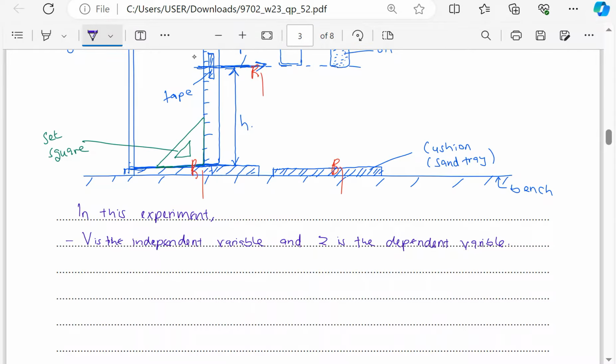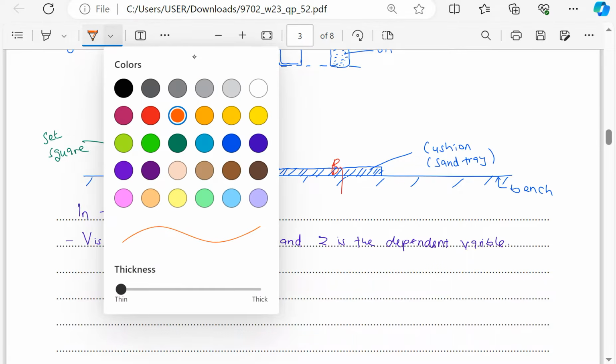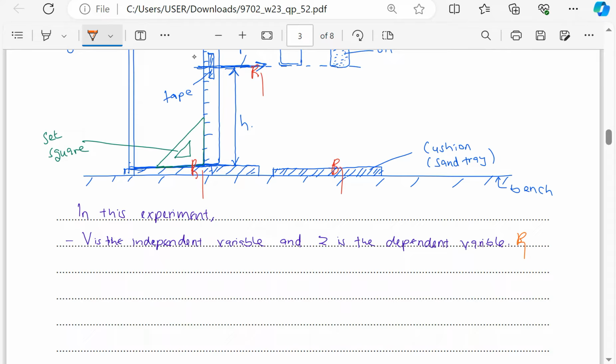So V is the independent variable and Z is the dependent variable. So this is automatically a mark.